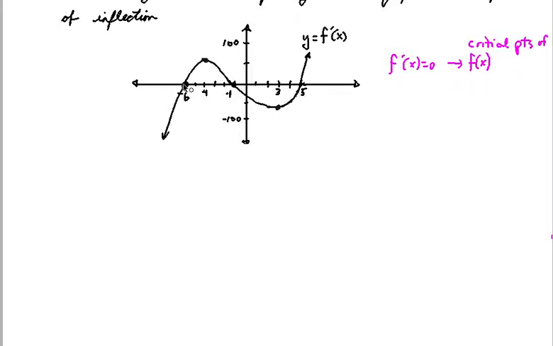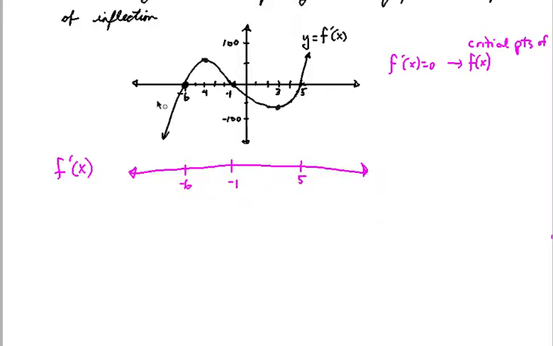Either they are going to be maxima, minima, or stationary points of inflection. Okay, so let's start by investigating what the sign diagram of this would look like. So I have -6, -1, and +5.